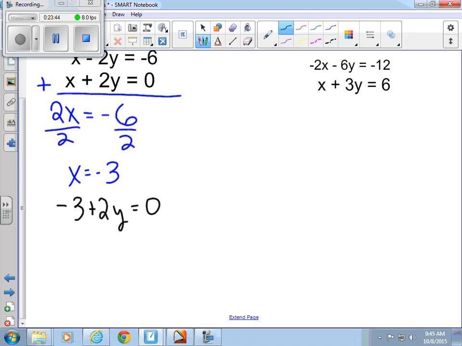And now what? Add the 3 over. Divide by 2. So the answer is y equals 3 over 2 and x equals negative 3.